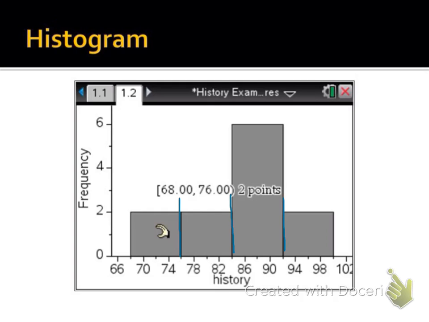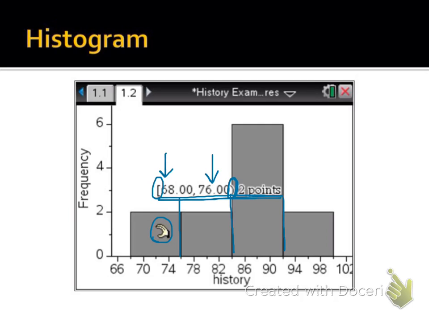Okay, and then again, each bar represents an interval of numbers. So you'll see here, I actually took this picture with our little hand cursor over this bar, and you can see here it's showing me what that bar represents. So it's showing me that I'm going from a score of 68 included up to a score of 76 not included.